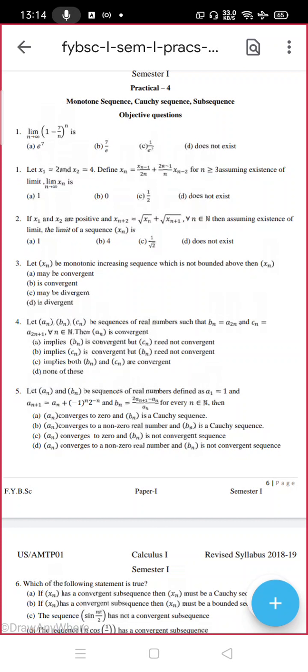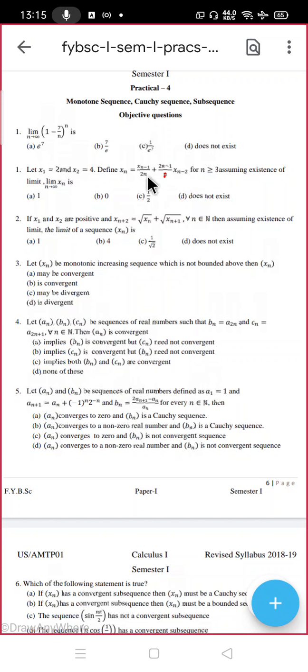Can you tell me? Okay, that is absolutely fine. But see, in the denominator we cannot say anything about n, because above it is x raised to xn minus 2, right?